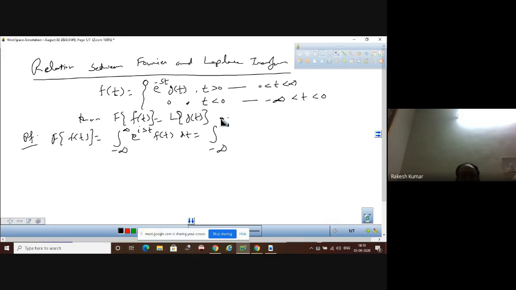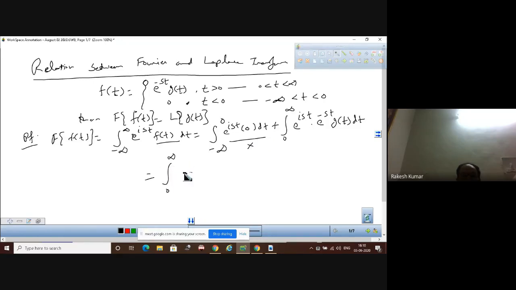So you can break the interval into two. In the interval minus infinity to 0, f of t is 0, and in the interval 0 to infinity, the value of f of t is equal to e raised to power minus st into g of t dt. Now this integral will vanish.